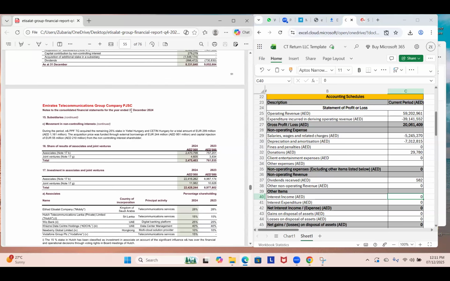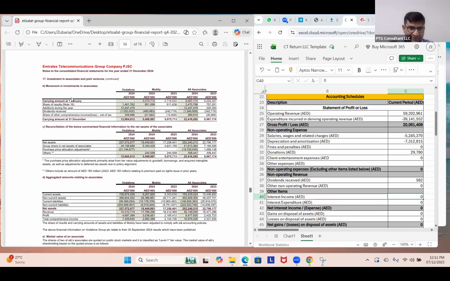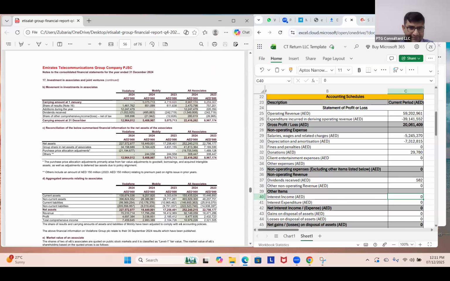There's one line here mentioning dividend received. 1053, that's of the Vodafone associate, and one, this is 1.5.